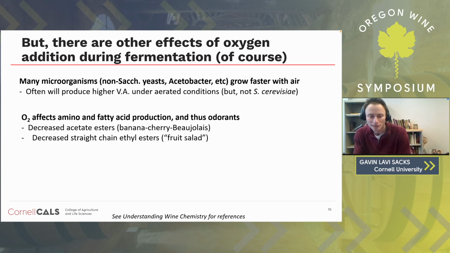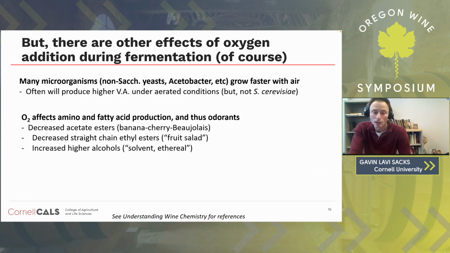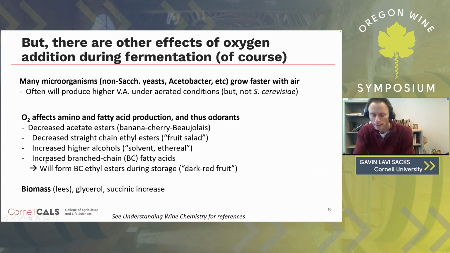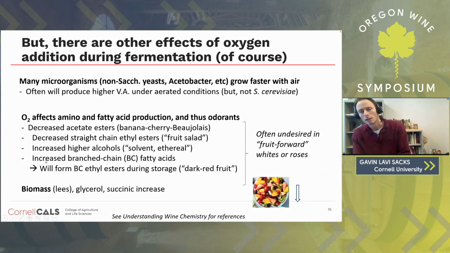Decreased concentrations of other compounds, ethyl esters with kind of a generic fruit salad type aroma, increased concentrations of fusel alcohols or higher alcohols, increased concentrations of branched chain fatty acids, and eventually their ethyl esters, which smell more like the fruit that you get from a red wine. So finally, you also have some effects on biomass. This part in here in the middle, this is kind of a recipe either for or against making a typical fruit-forward white.